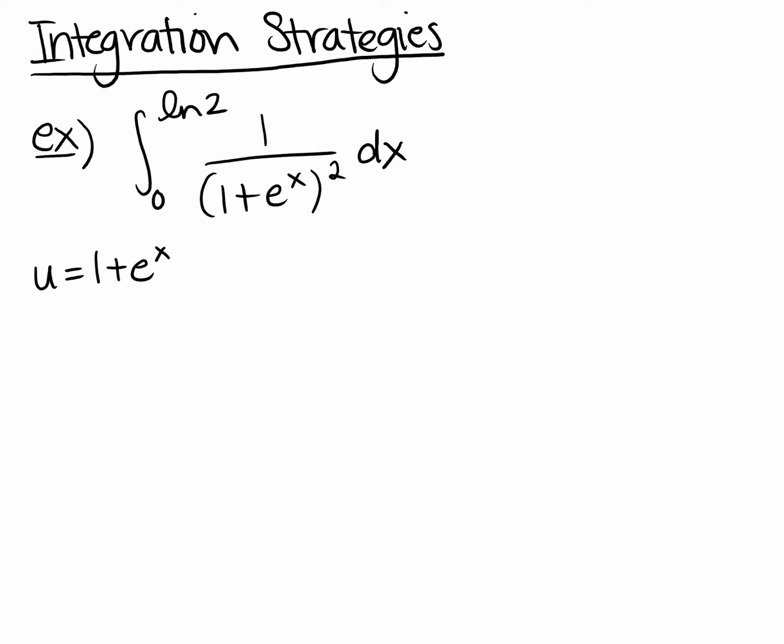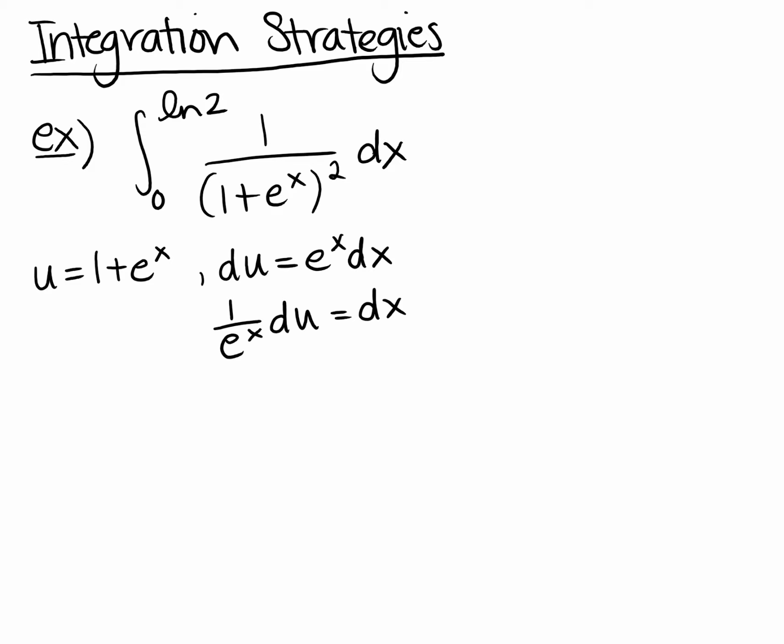I feel much better. So what I know is this part is going to be replaced by u, but I need to get rid of that dx also. So now du in this case is e to the x dx. If I were to solve this for dx, now what you want to be careful of right here, and I've mentioned this several times, is we don't want to have 2 variables in the integrand.